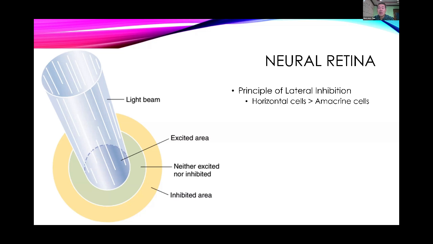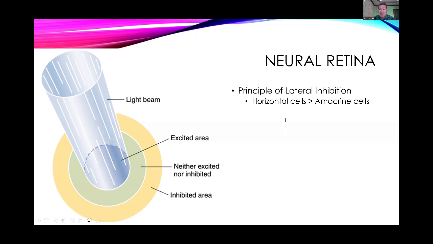There's a theory called the principle of lateral inhibition. You will be able to exactly localize that this is the stimulated part because of lateral inhibition. If this area is excited or stimulated, all the peripheral part should be inhibited.